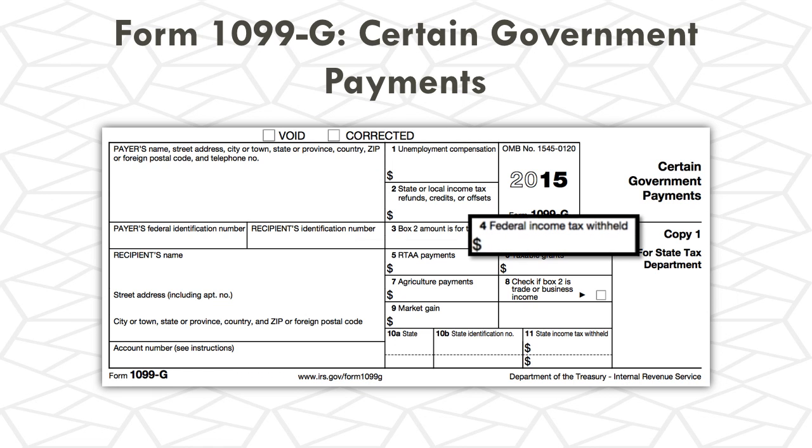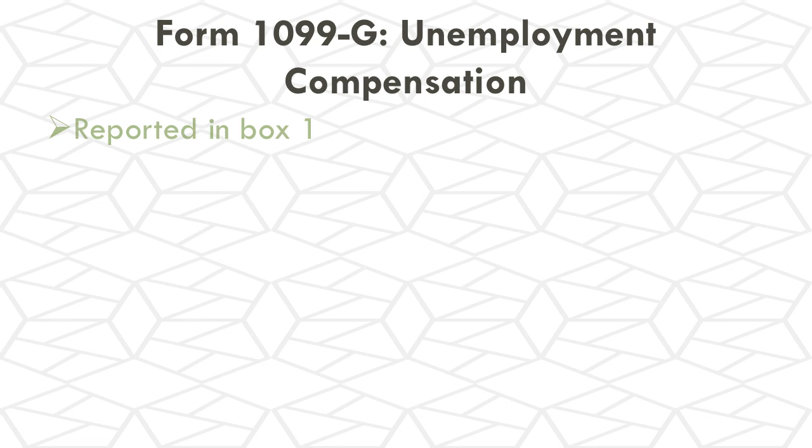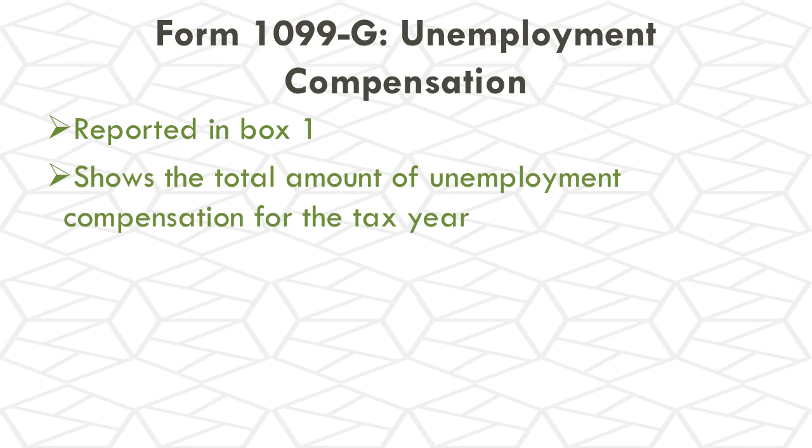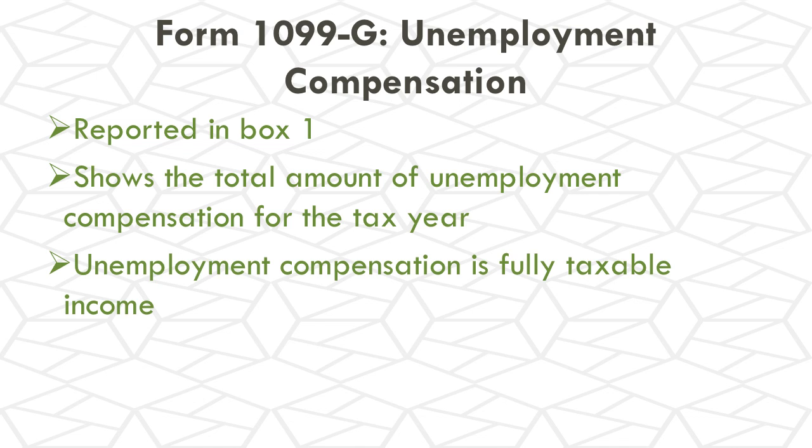You may also see something here in box 4 for federal income tax withheld. Unemployment compensation is reported in box 1. This shows the total amount of unemployment compensation that the taxpayer received for the entire tax year. It's fully taxable income and must be included on the return.